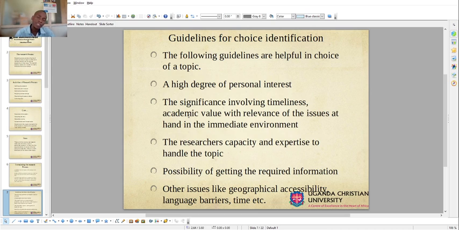Okay? I could be interested in studying, maybe broadly, how it feels when a person dies. How does it feel? I could be studying it, but can I get the information to get answers to that question?